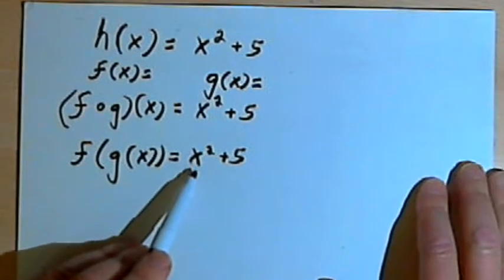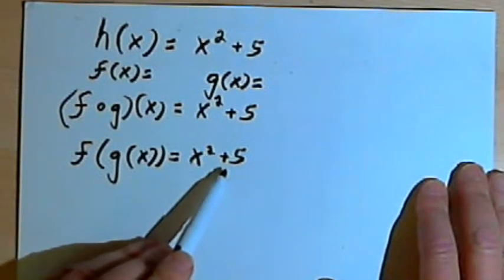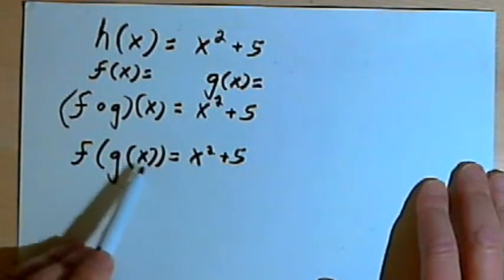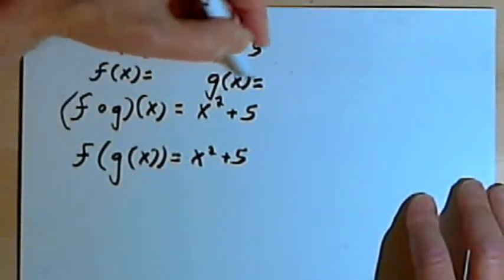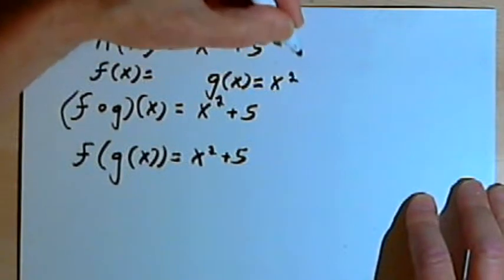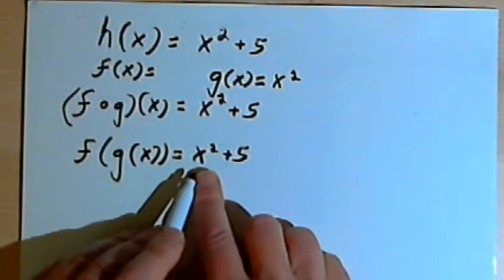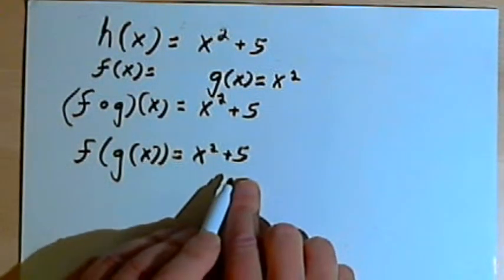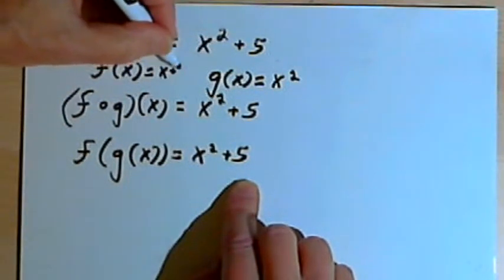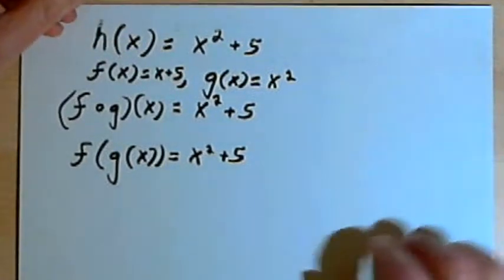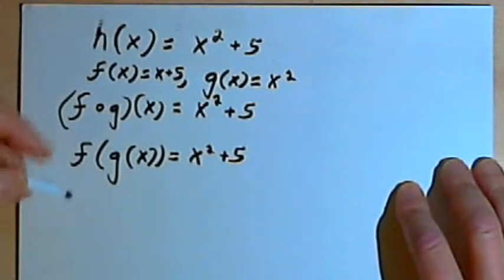Well, the first thing would have had to have been that the x got squared. So my g function, my inside function, is probably the squaring function. So g of x equals x². After the x was squared, 5 was added to it. So f of x would be equal to x + 5. Okay, we can check that and see if that works.